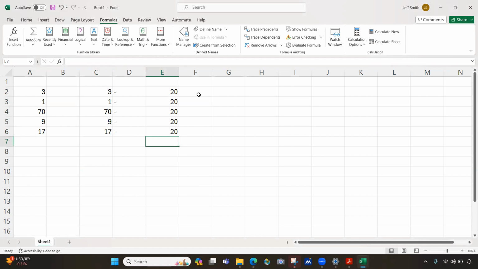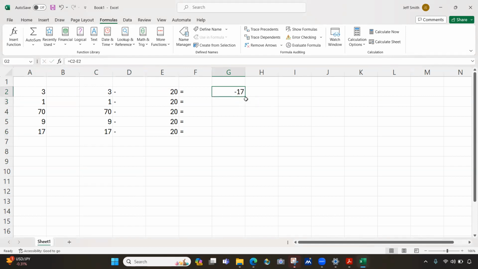The answers are going to be listed here. This equals what, guys? You're going to say this equals 3 minus this column.